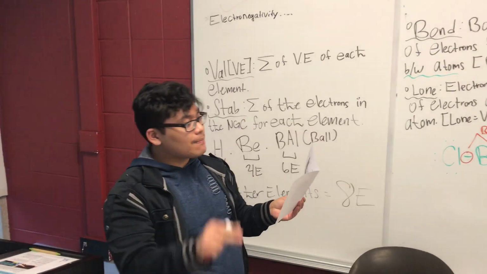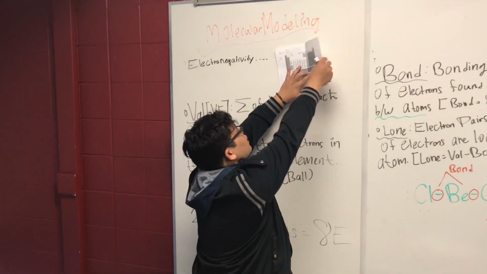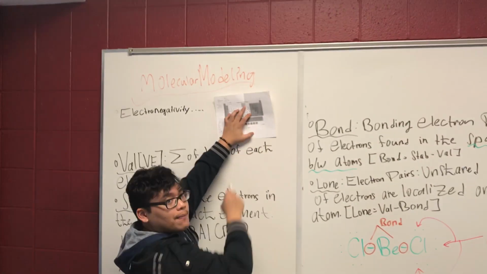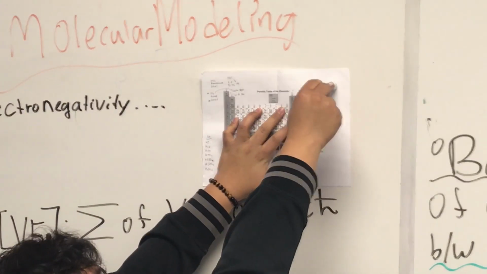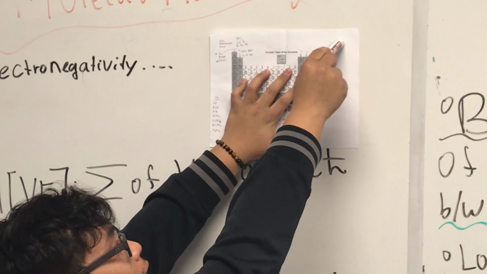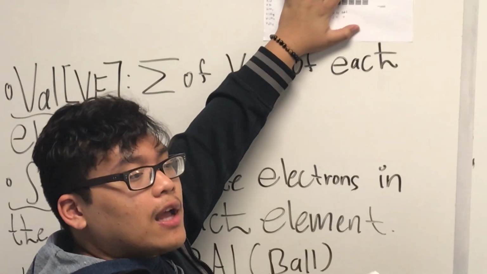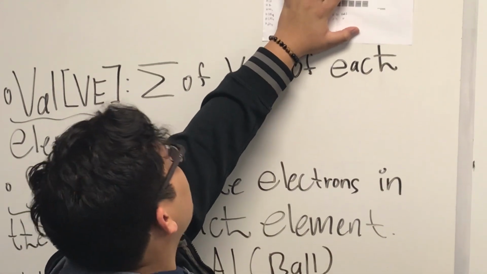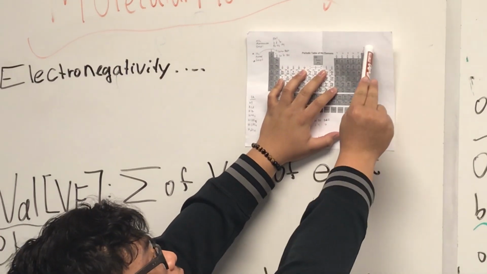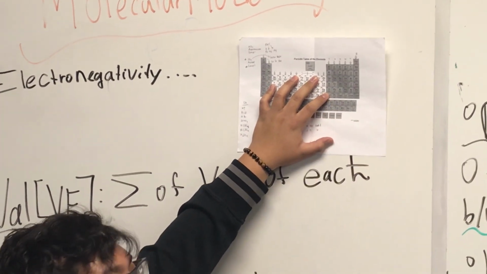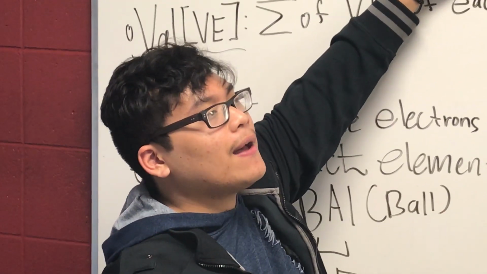It's as simple as it is. Looking at this periodic table, this location here on the upper right portion of the periodic table is where the elements have the most electronegativity. So right here, this is helium. Helium has the most electronegativity out of any elements.